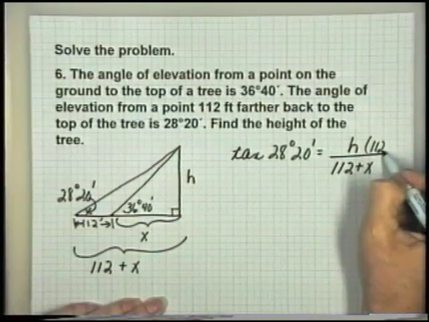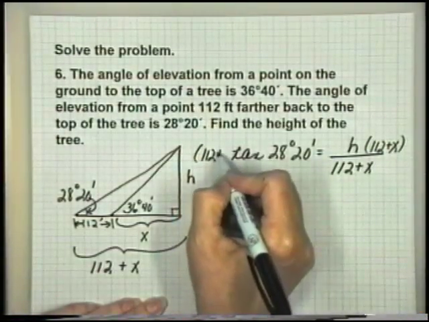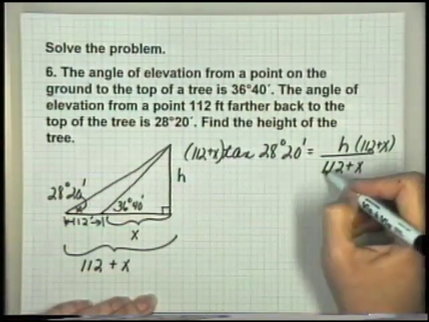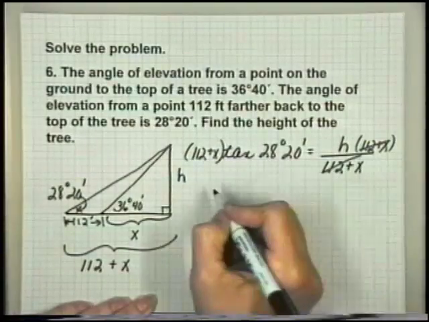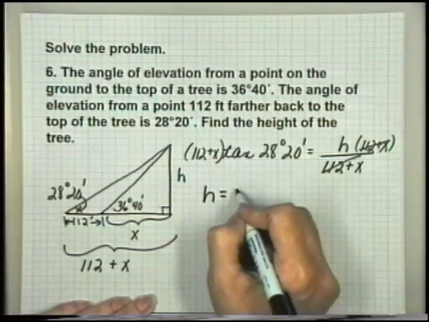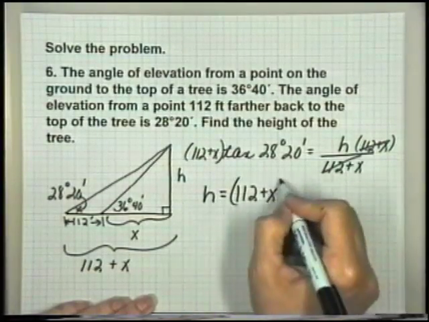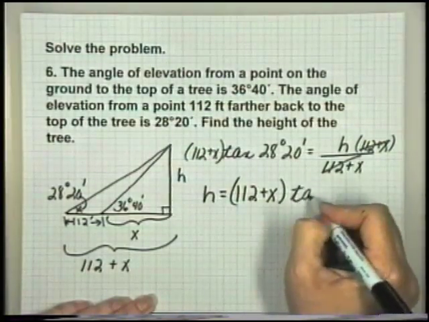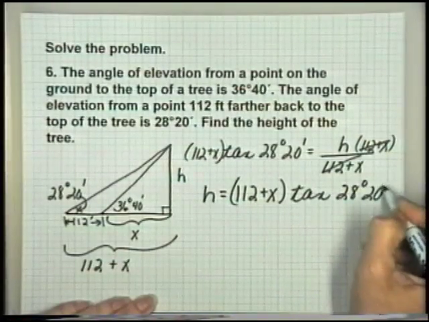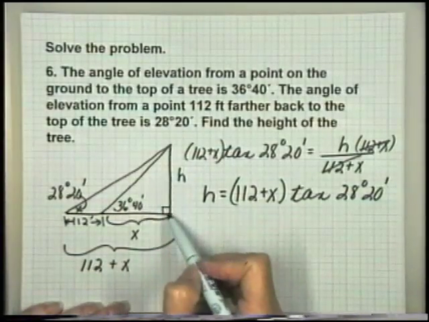We'll solve for h by multiplying both sides of the equation by 112 plus x. Of course, these divide to 1, and we get that h is equal to 112 plus x times the tangent of 28 degrees, 20 minutes.